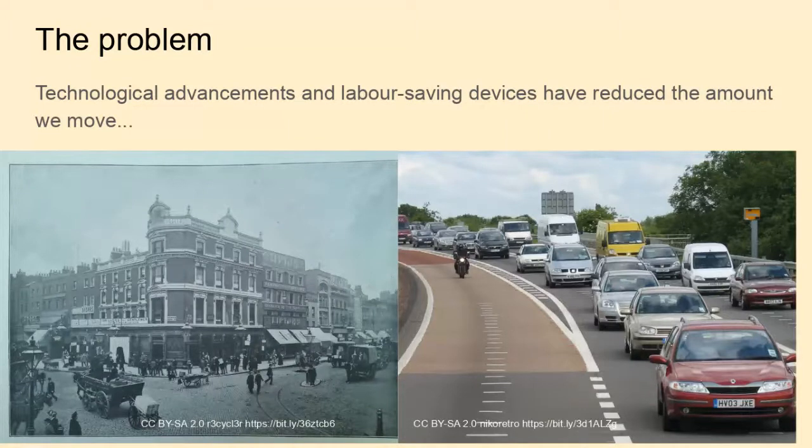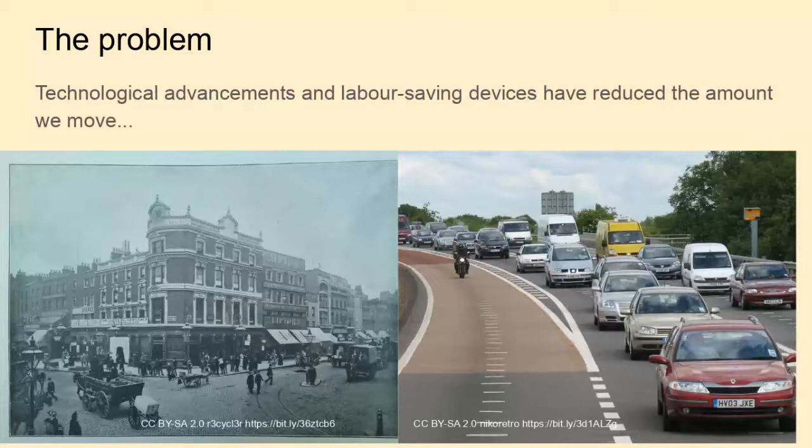So how has this all come about? Well, over the past couple of hundred years or so, our lives have changed quite drastically. We've gone from being people who, for millions and millions of years, had to do a lot of activity to get a small amount of food, to being people who can go around not having to move very much and being able to access food.